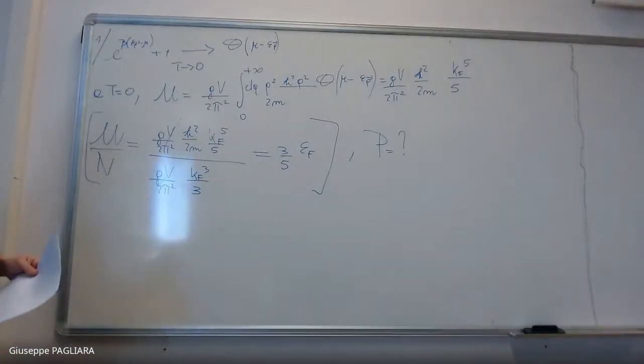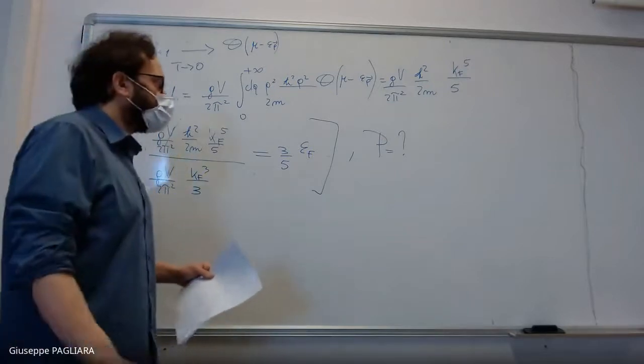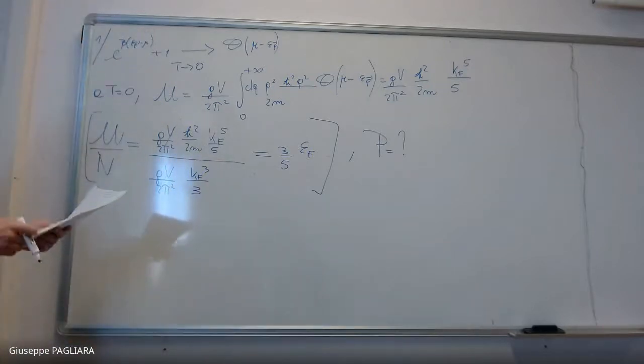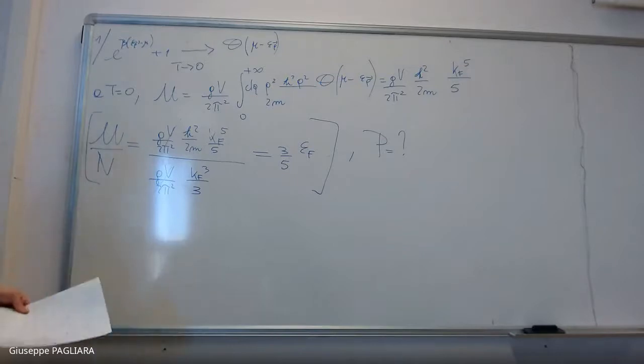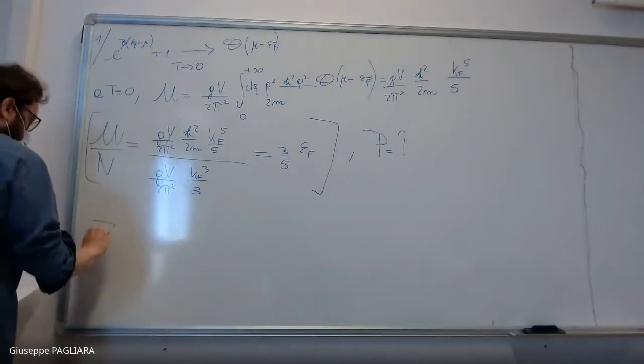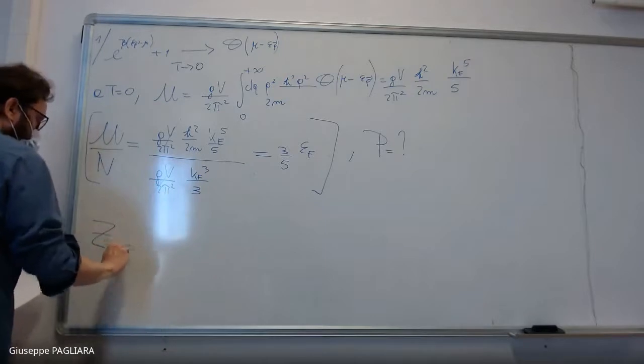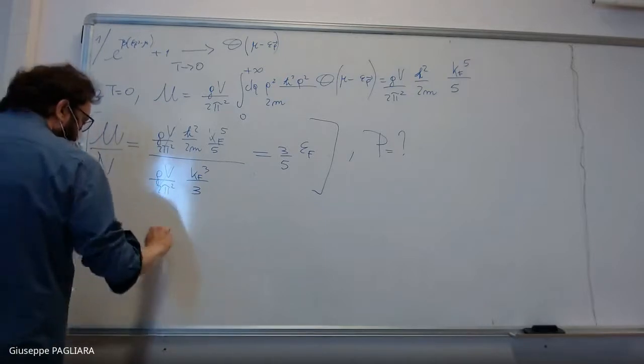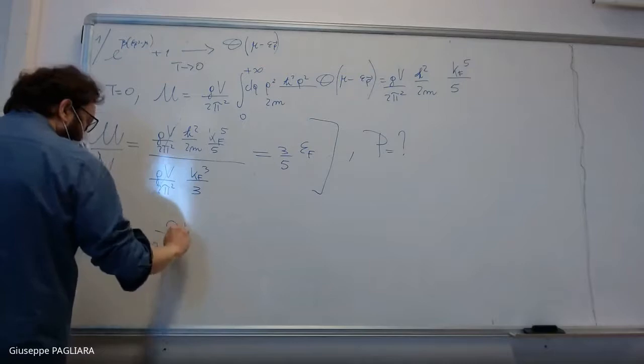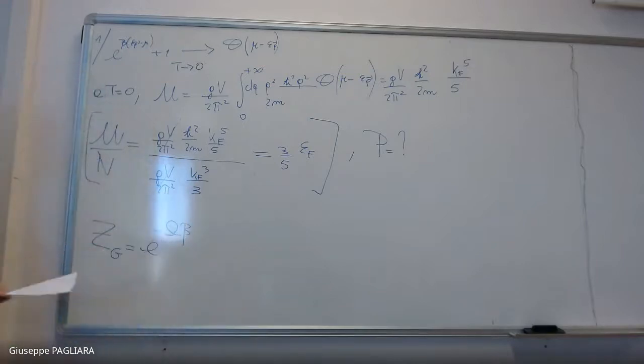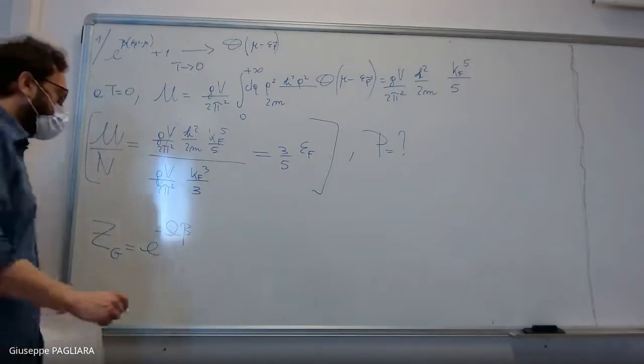How does the pressure relate to the grand canonical partition function? Well, the pressure can be obtained by the following equation. Z of G is e to the minus omega beta, where omega is the grand potential.